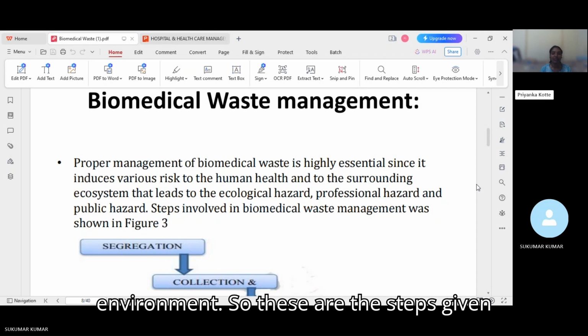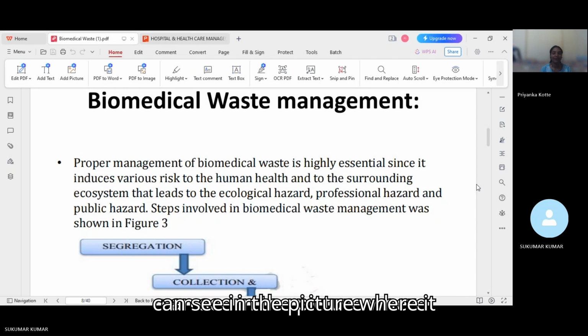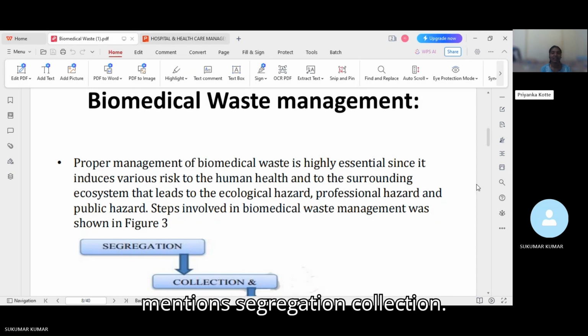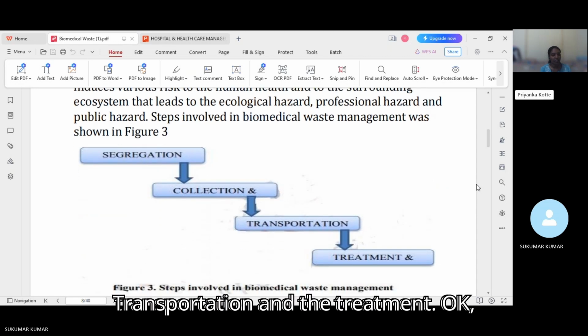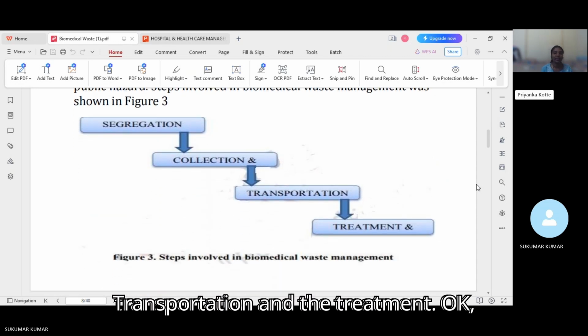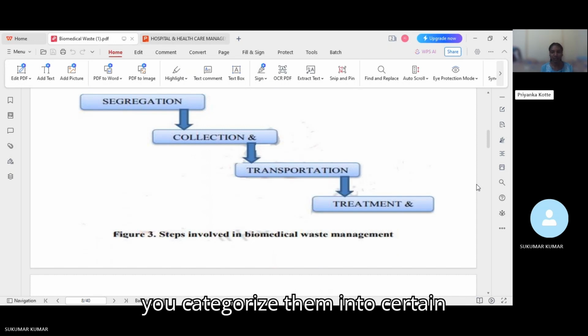So these are the steps given in the biomedical waste management, as you can see in the picture: segregation, collection, transportation, and the treatment.